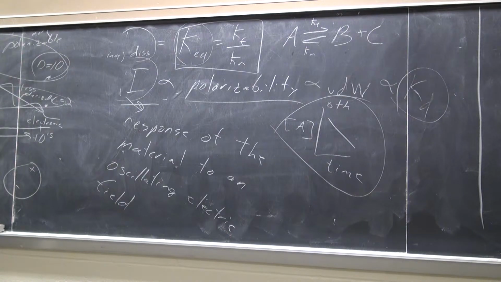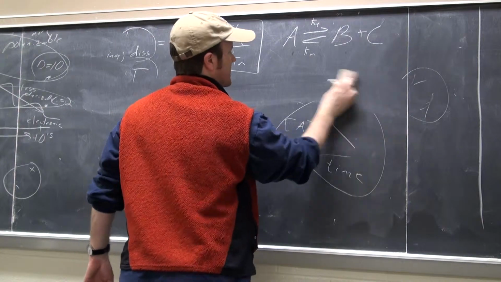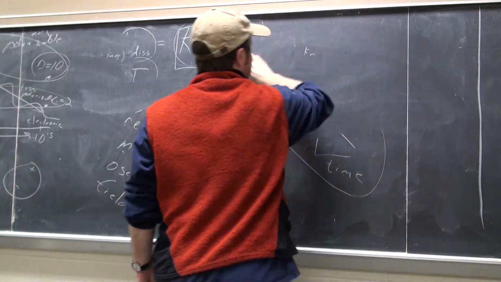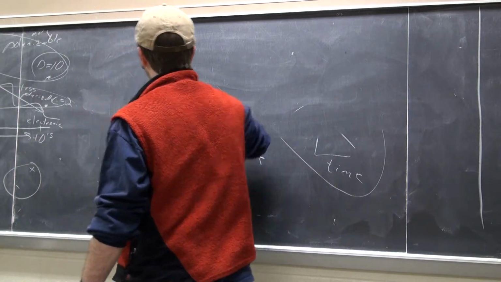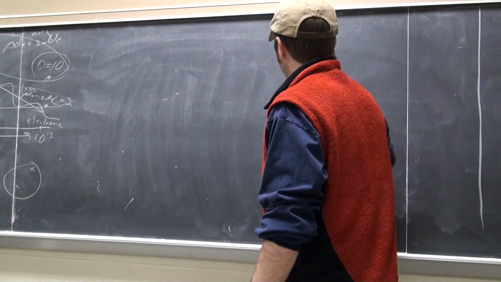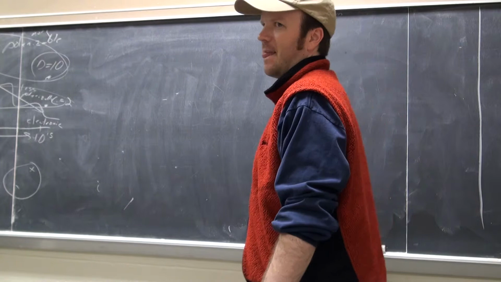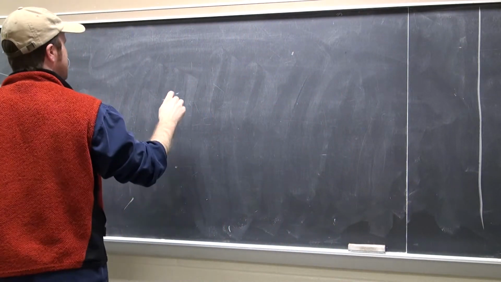Can you touch on how polar a molecule is relates to polarizability and the differences? So let's just talk about the difference between polar and polarizable. What's a polar molecule? A molecule with a permanent dipole, right?